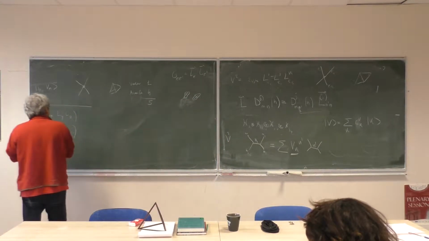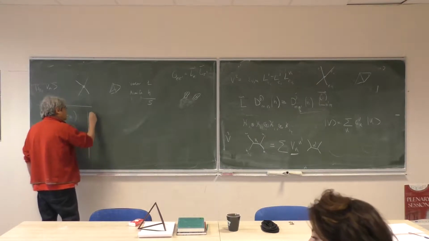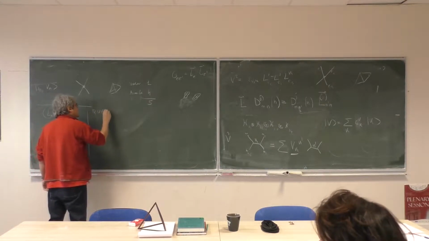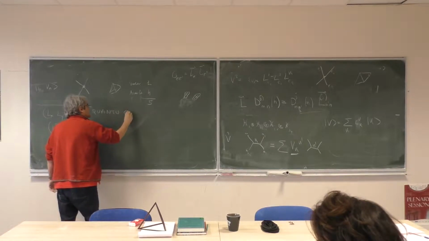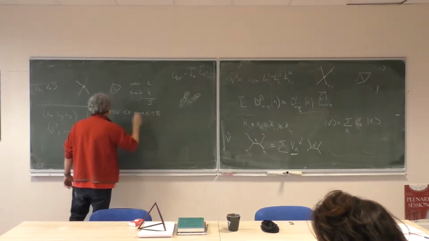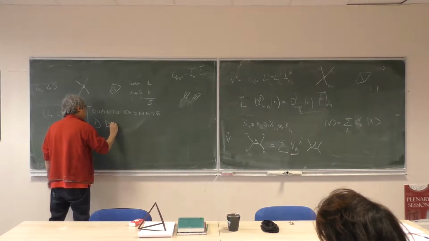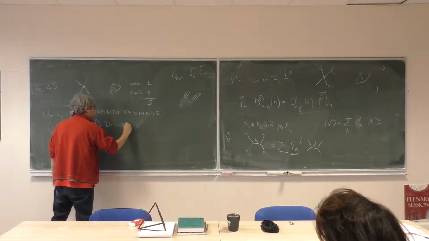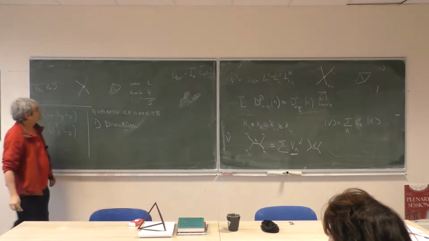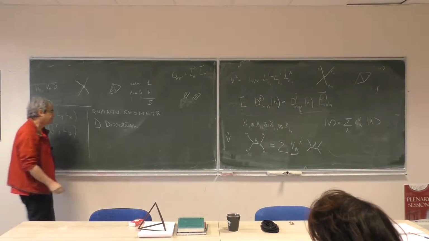So the quantum aspects of the geometry are, first, the discreteness, which comes from the fact that the eigenvalues of area and volume are discrete.